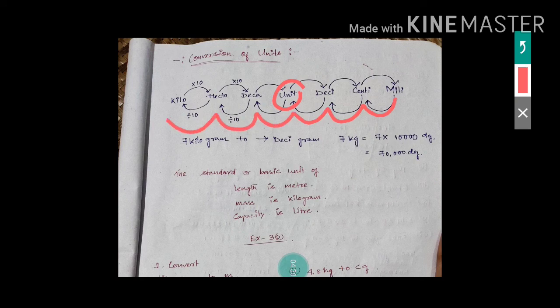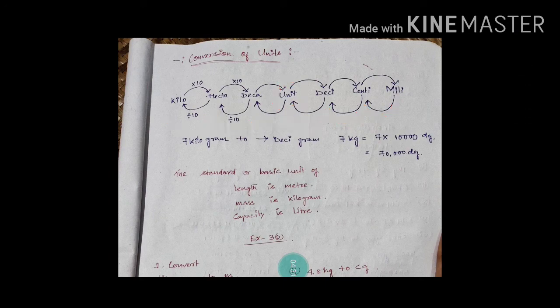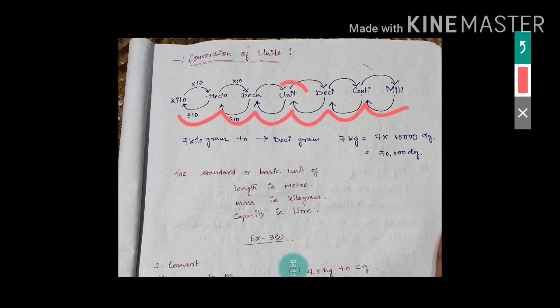No need to remember all this, you just have to remember this table: milli, centi, deci, unit, deca, hecto, kilo. According to which item you are going to measure, this unit will differ. If you measure the length, it will be meter; if you measure the mass, it will be gram; if you measure the capacity, it will be liter.